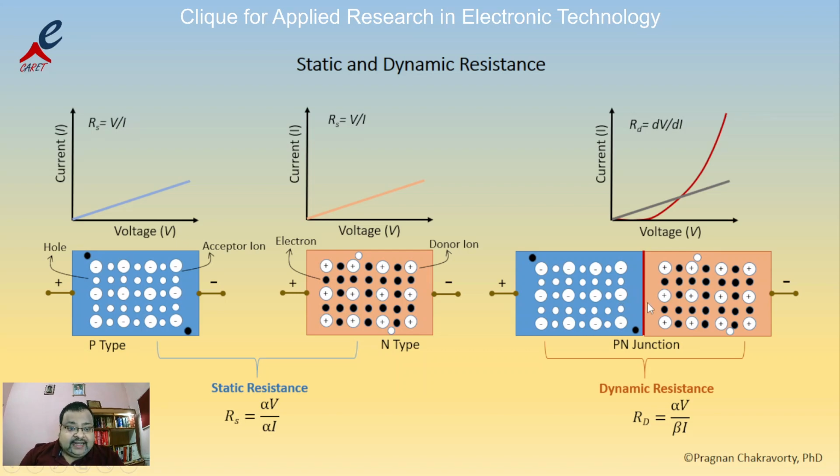As we can see here, when, say, the holes from p-type move to n-type, the number of holes is much higher in the p-type because they are the majority there, and in n-type they are much lower because they are in minority. So there is certainly a concentration gradient from left to right.